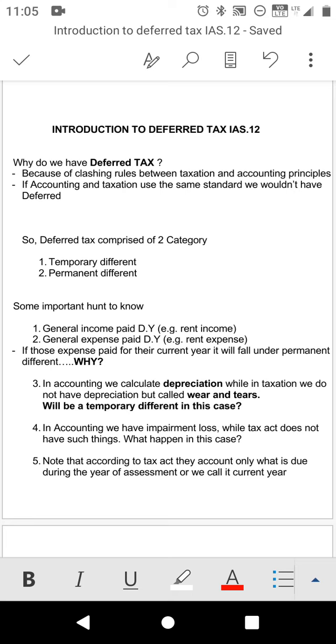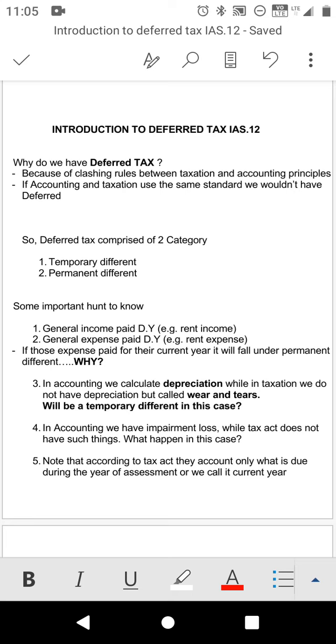taxation can say no for a specific item, and in terms of accounting, the IFRS says yes. It simply means that the rules are not matching, which means that in that case there is a difference. That's what we call deferred tax. Okay, that's where deferred tax arises.